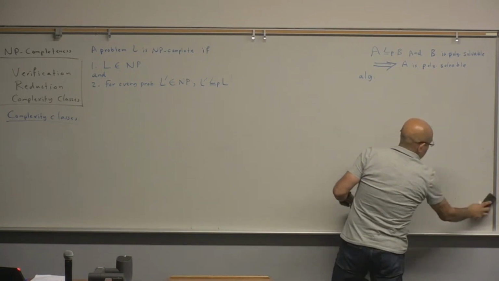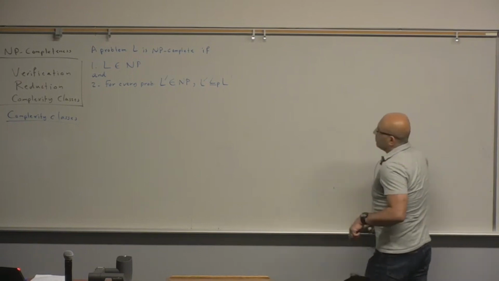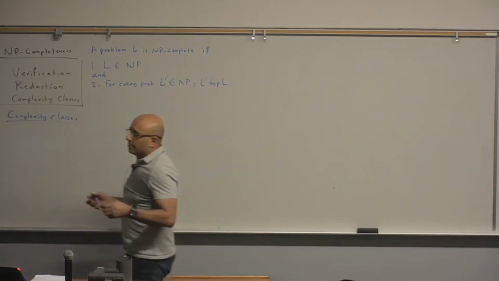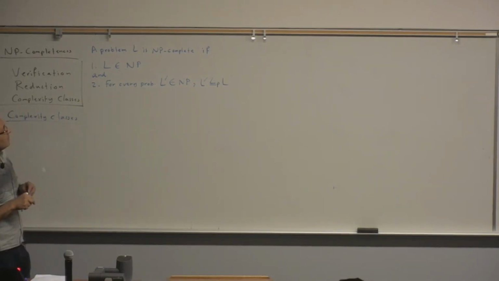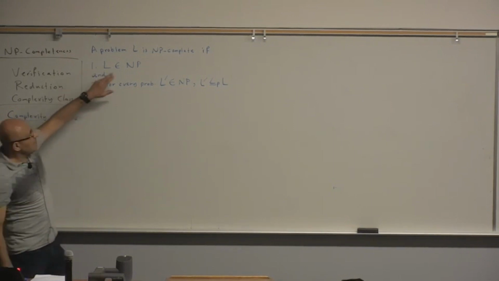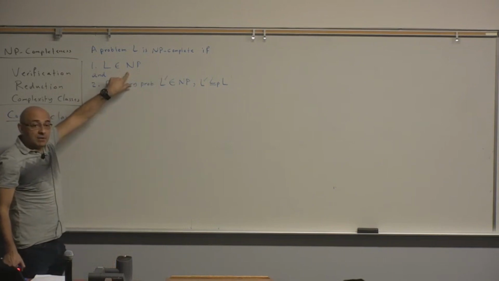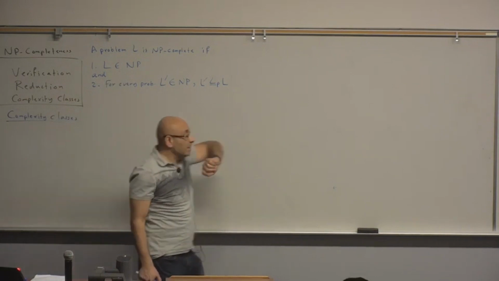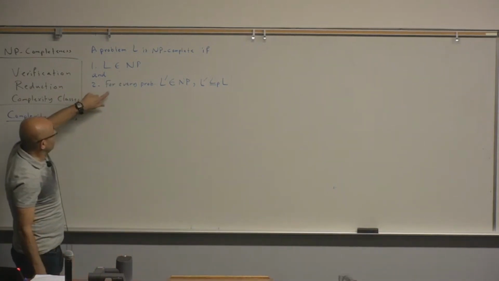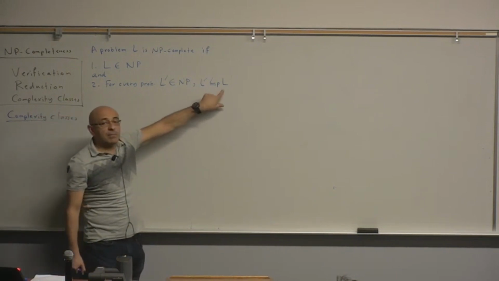Okay? So, of course, we will not fully understand all of this stuff until we give some actual examples and some actual reductions. So what we are saying here is a problem is NP complete if the problem itself belongs to NP, which means that the problem is verifiable in polynomial time, and if every problem in NP is reducible to this problem.